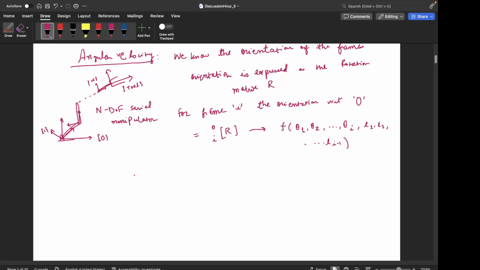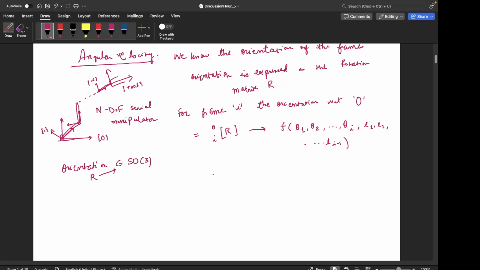Orientation belongs to the SO3 space, the special orthogonal group. So these rotation matrices belong there, right? Unlike linear velocities, where we can just take the derivative of the position vector with respect to time and get the velocity vector, it's not that once we have functions for Euler angles, we can just take the derivative of those functions and get the angular velocity. It does not work out like that.